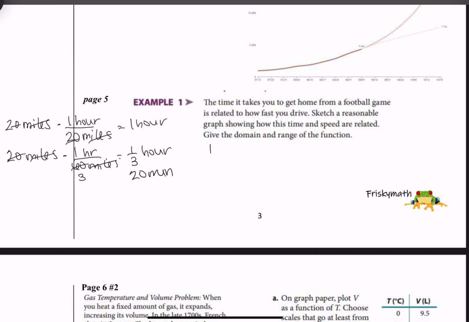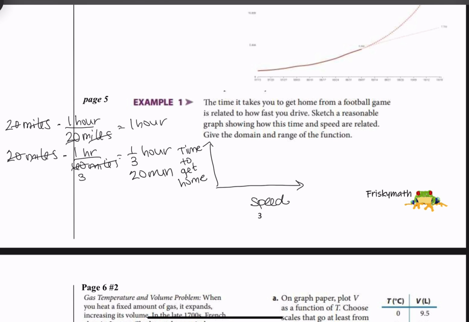So I'm going to put speed along the horizontal axis, and I'll put the time that it takes me to get home on my vertical axis.